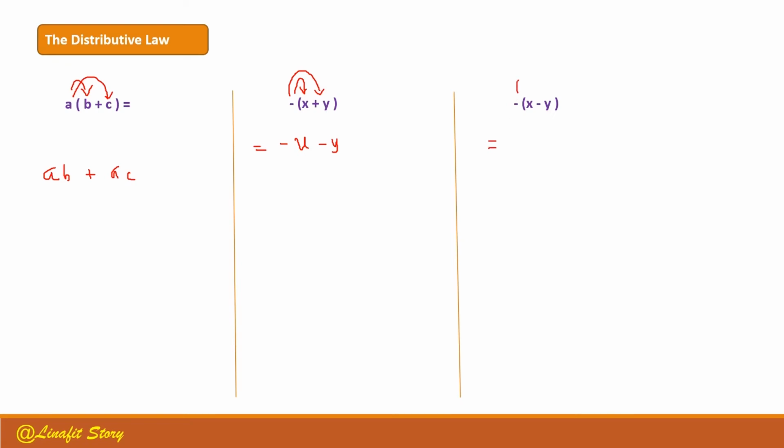Negative times x, negative x. Negative times negative y, positive y. So don't forget, if you meet your friend, same sign, the result is positive. But if you meet your enemy, different sign, the result is negative.